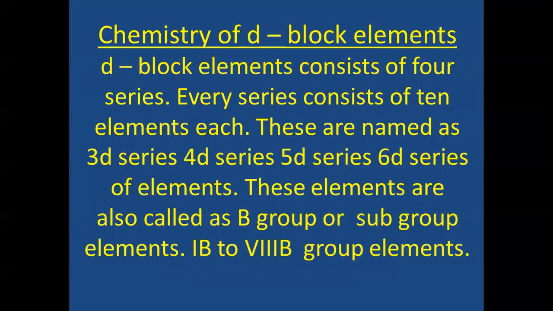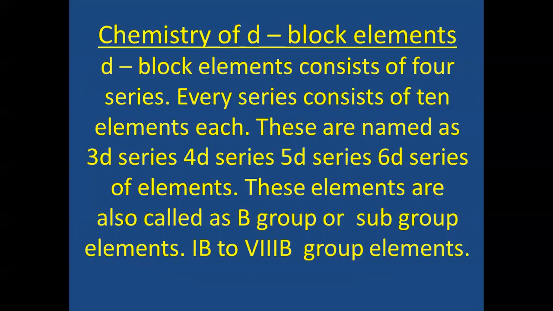We have 4 series of D block elements, and every series will have 10 elements each. And these series are named as 3D series of elements, 4D series of elements, and 5D series of elements. Similarly, 6D series of elements.